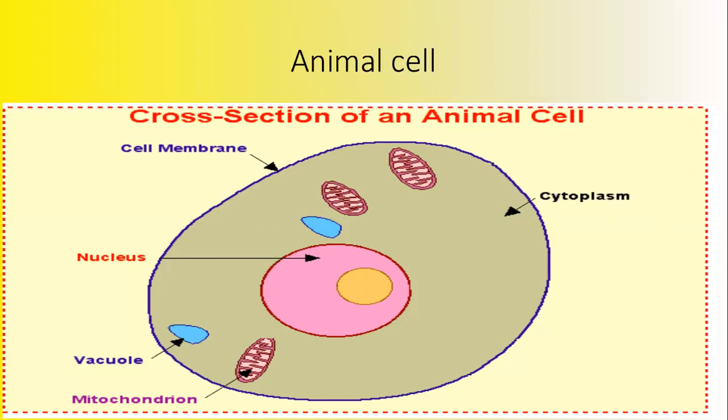It stores food, waste substances, and water. Cytoplasm is a jelly-like substance inside the cell membrane, and all the organelles of the cells are suspended or floating in the cytoplasm.